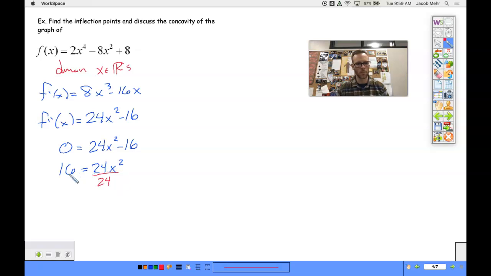Let's divide by 24. What is that, 2/3? We'll take the square root. So we get x equals plus or minus the square root of 2 over the square root of 3, multiplied by root 3 over root 3 is square root of 6 over 3.